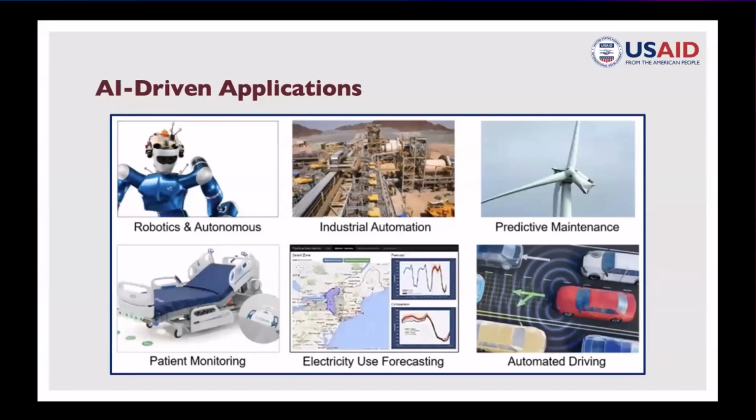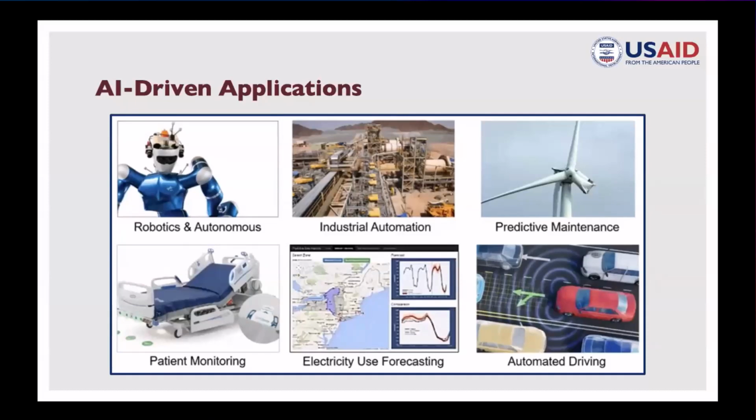So it's not anymore the rule-based system or the traditional programming, which is reactive, but it is more proactive. Okay. So of course, from robotics, we have industrial automation, preventive maintenance, patient monitoring, electricity use forecasting, and automated driving. So these are just some of the many, many applications of AI.